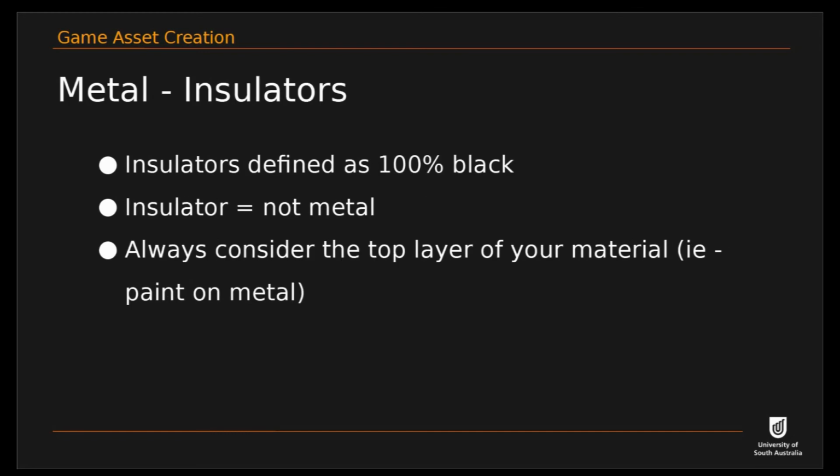Insulators. So I used this term just before. Insulator is anything that's not a metal. Where this comes into play for us is things like the plastics. So that's where we have metal at 100% reflectivity. All of that, the material is only made up of the reflective or glossy sort of component.